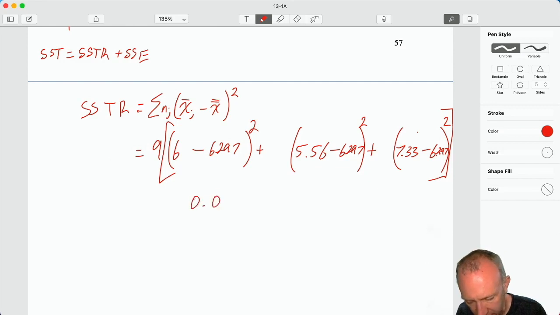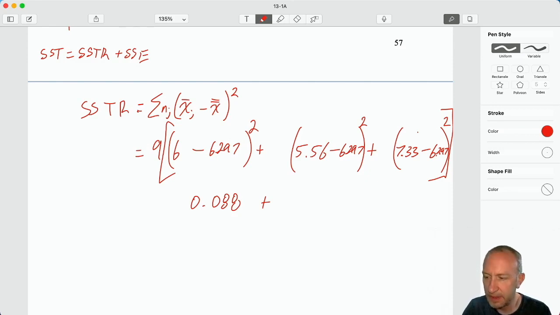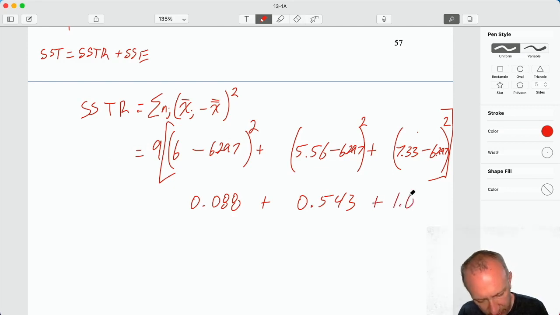Here I have 0.088, plus the next one, 5.56 minus 6.297, squared. Here I have 0.543. And finally 7.33 minus 6.297 squared, this is 1.067.